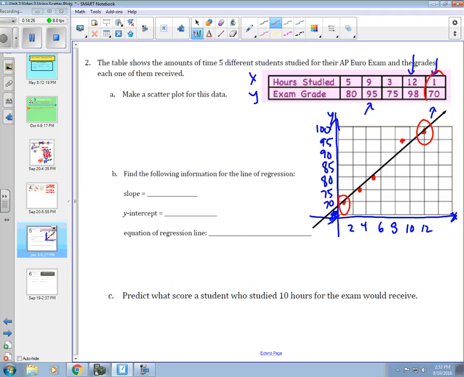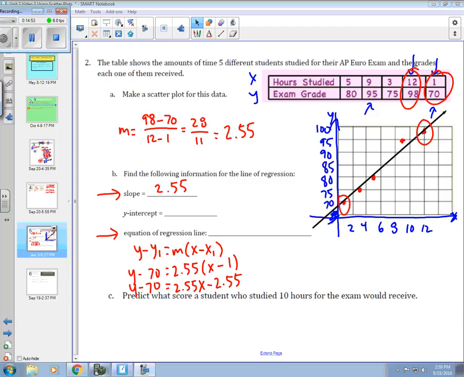So why don't you use the first and last one here? See if you can find the slope, because we need the slope, and then see if you can also find the equation of the line. You might want to use our point slope form to help you do that. So pause the video, try it out, and see what you get for your prediction equation.